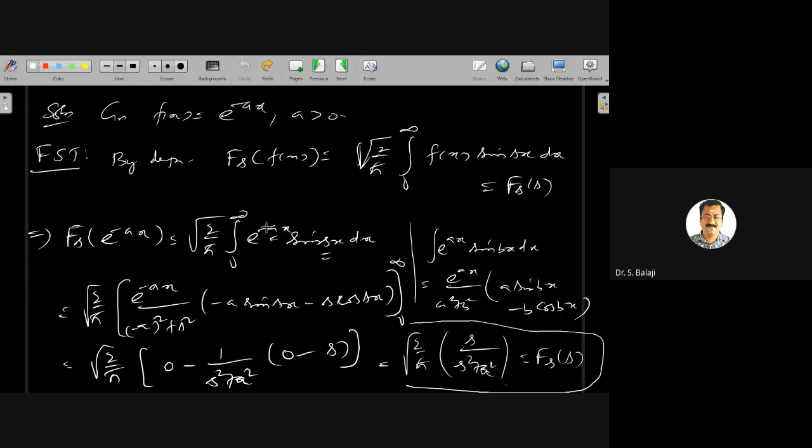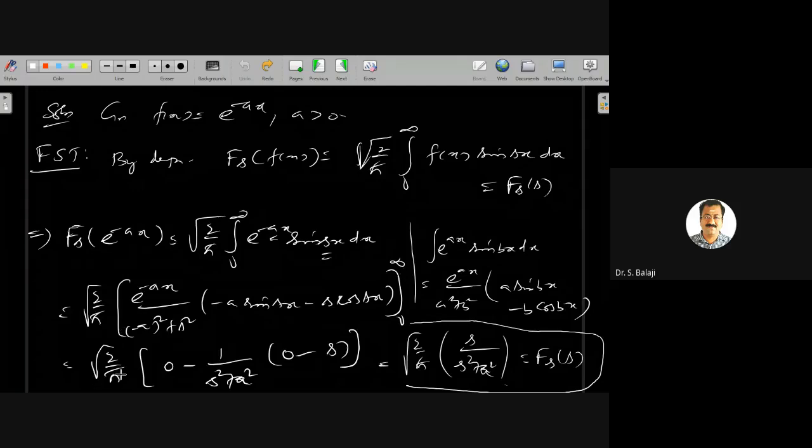Here, instead of a we have minus a, and instead of b we have s. Therefore, root of 2 by pi times e power minus ax by (minus a whole square plus s square) into (minus a sin sx minus s cos sx), from 0 to infinity.